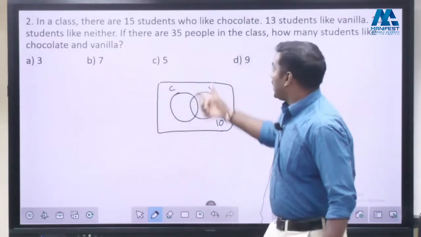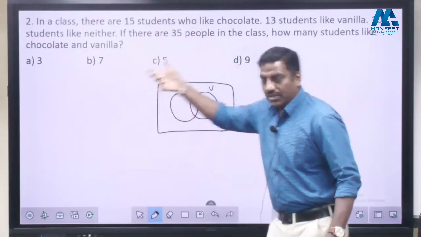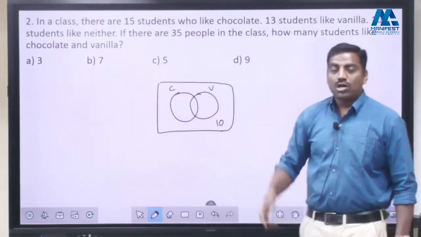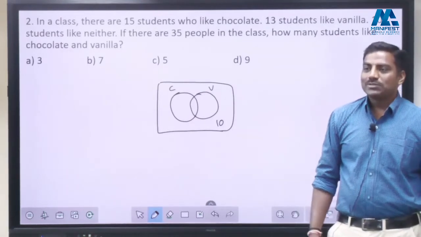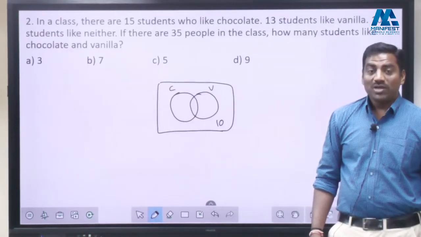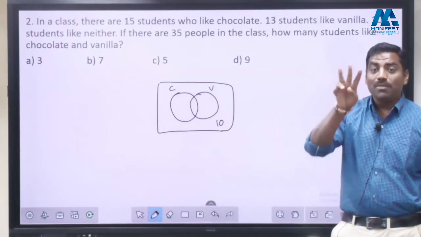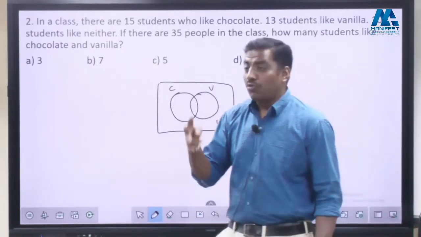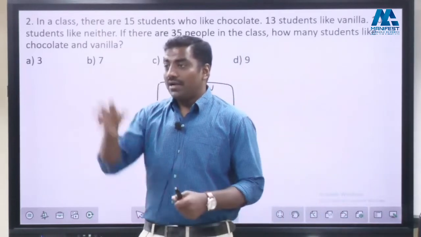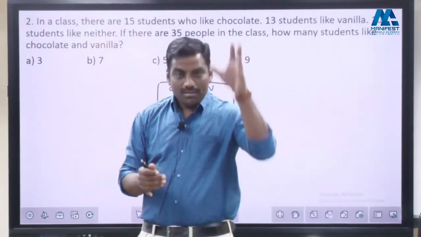Then, if you have taken 15 students exclusively and 13 students exclusively, what would have been the total? 28. But we have space for how many? 25. That means we are counting 3 persons extra.